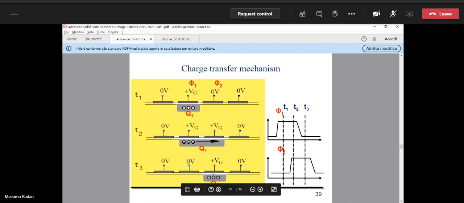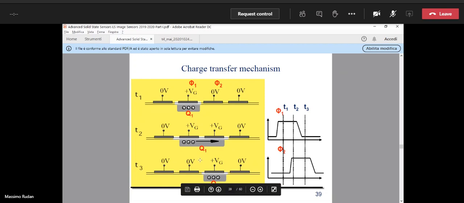At the end of these steps, we have been able to shift a packet of electrons originally in this position, we have shifted it one position to the right.